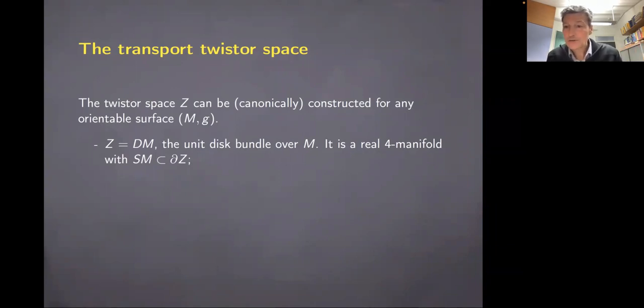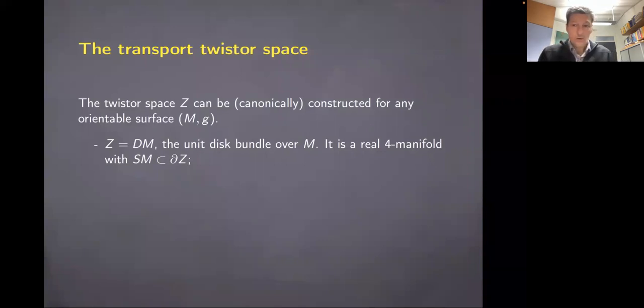But it does it in a non-trivial way, as you will see in a minute, because we want to preserve the property that the geodesic vector field acts on this sort of function. So we also want first integrals. Hence the name transport, because this is really connected, as you go to the boundary, to the transport property, or to the transport equation.